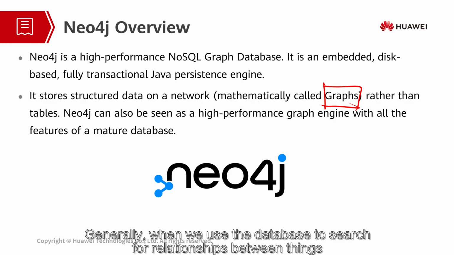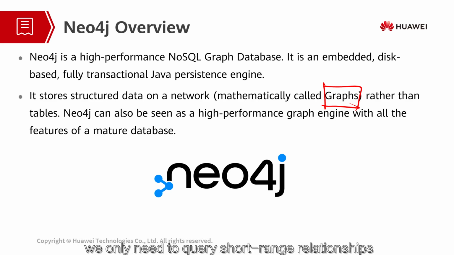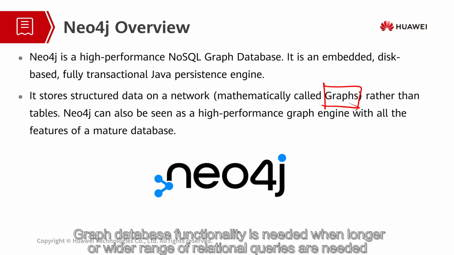Generally, when we use the database to search for relationships between things, we only need to query short-range relationships. Graph database functionality is needed when longer or wider range of relational queries are needed.